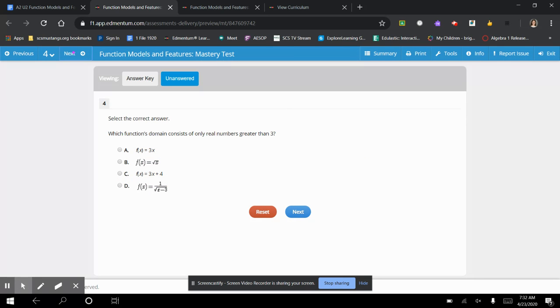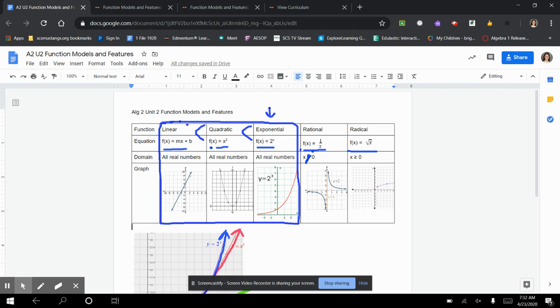Looking at the next one: which function's domain consists of only real numbers greater than 3? This is where that chart will come in handy. So you're going to want to go to the chart and look, and we're looking for the domain. Here's my domain, and we want where the value is going to be greater than 3.